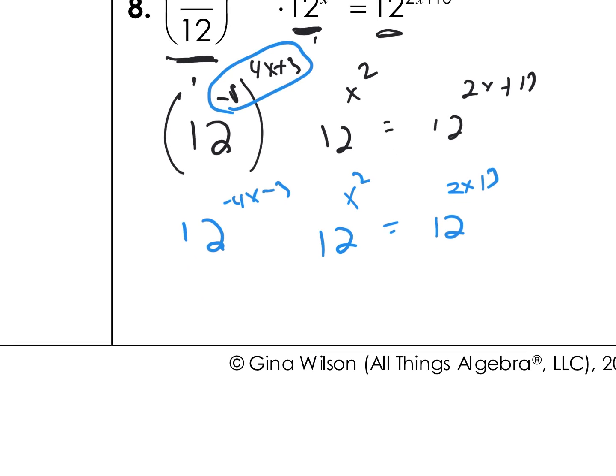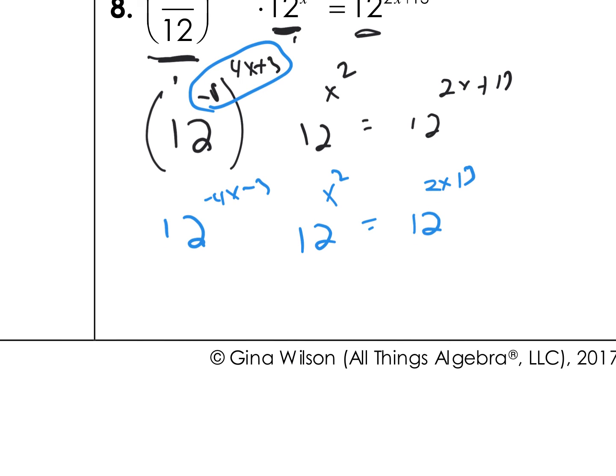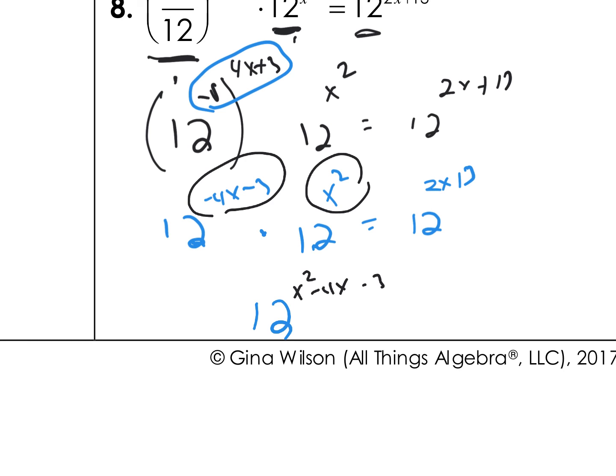A lot of work on this one. Like bases being multiplied together, I keep the base and do what with the exponents? You add. So x squared minus 4x minus 3 has to be equal to 12 to the 2x plus 13.